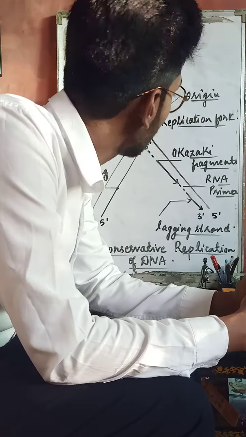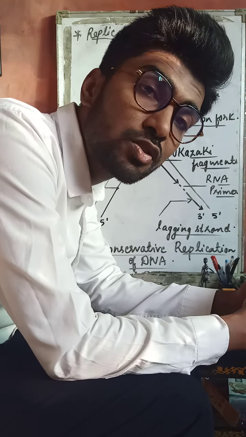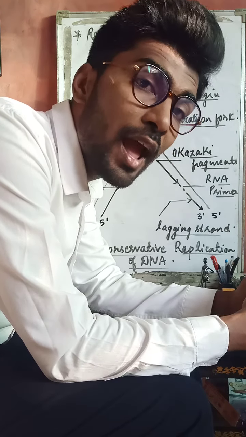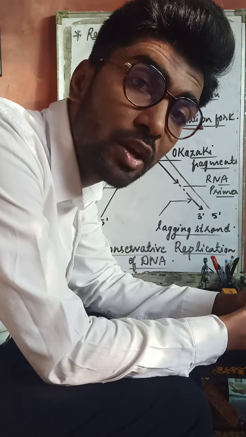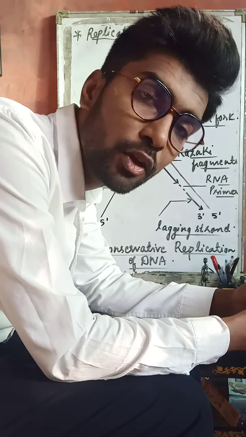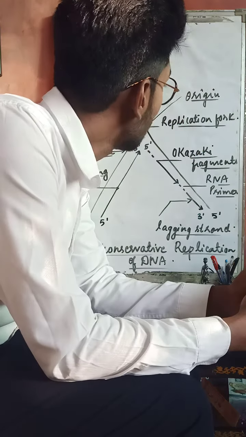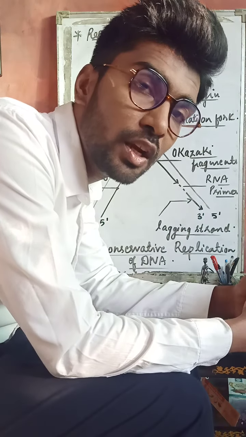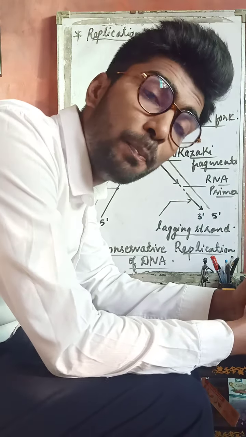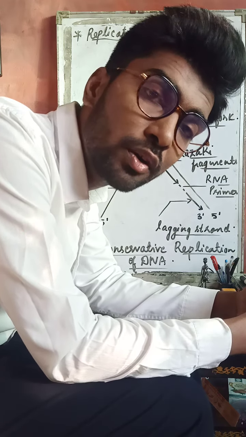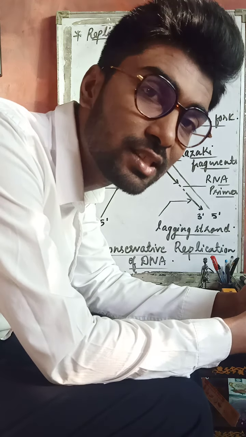Replication of a DNA takes place in both prokaryotic cells and eukaryotic cells. So let's talk about replication of DNA in a eukaryotic cell. It takes place in the cell cycle.